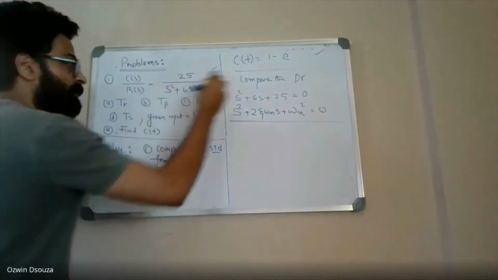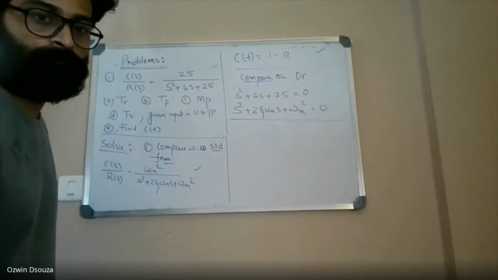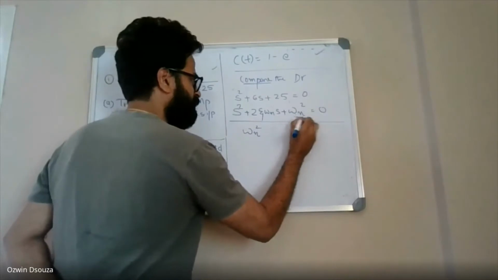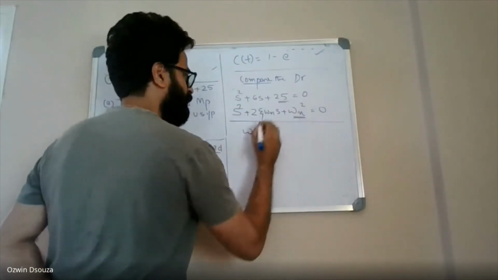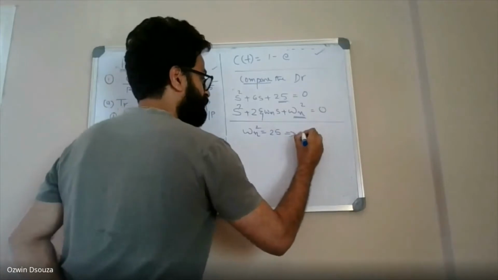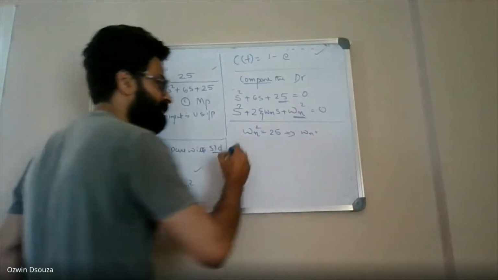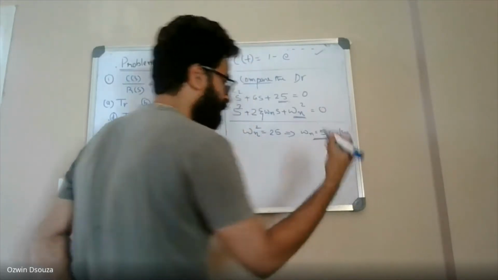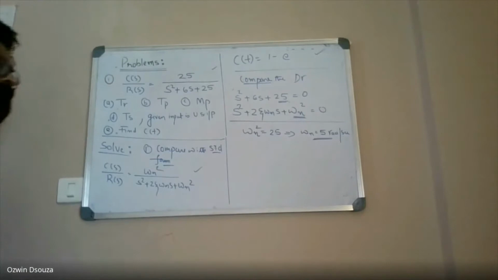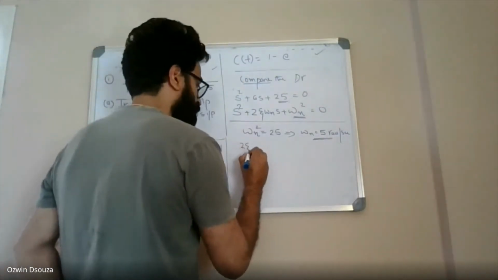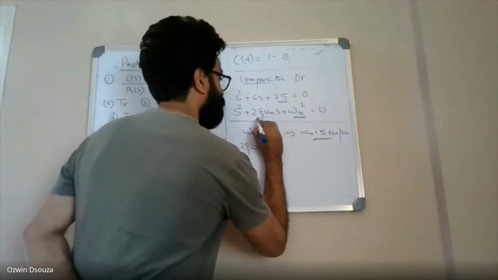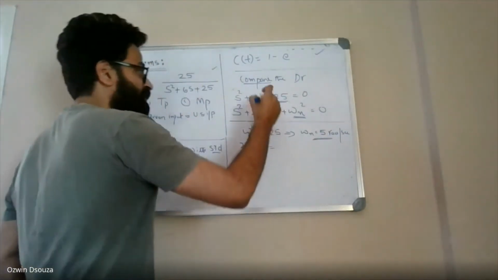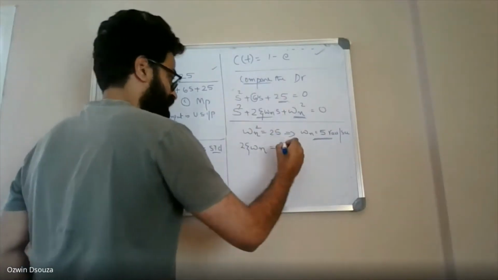When you compare, against omega n squared you have 25. That implies natural frequency of oscillation is 5, and the unit is radian per second. Then you have 2 zeta omega n as your coefficient of s to the power 1, and in the given transfer function the coefficient of s to the power 1 is 6.